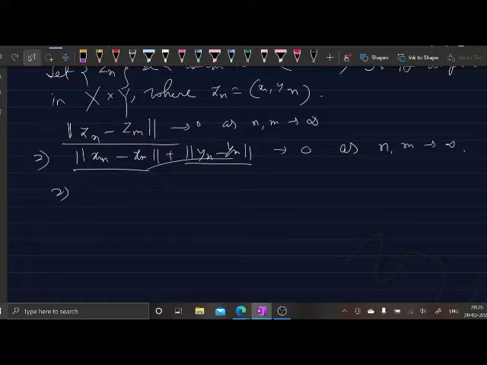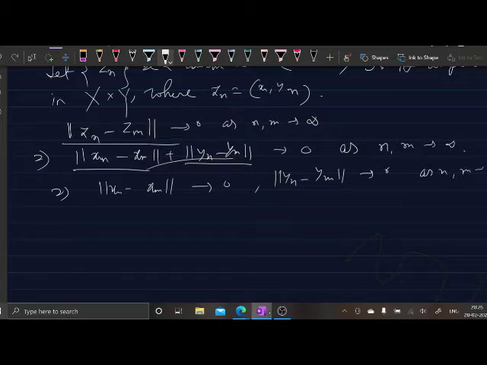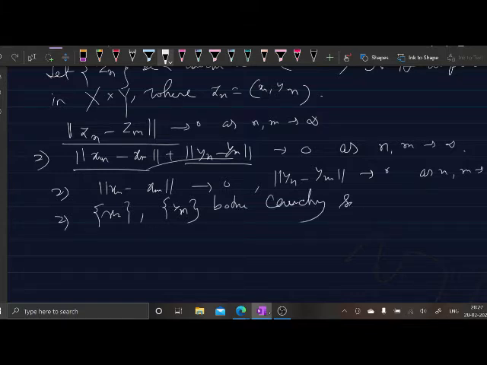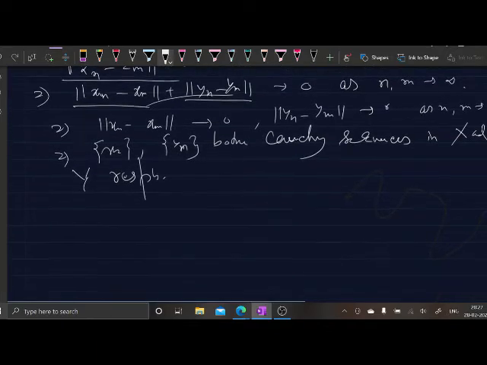That means norm of xn minus xm tends to 0, and norm of yn minus ym tends to 0 as n, m tend to infinity. Therefore, the sequences xn and yn both are Cauchy sequences in their respective spaces, X and Y respectively.